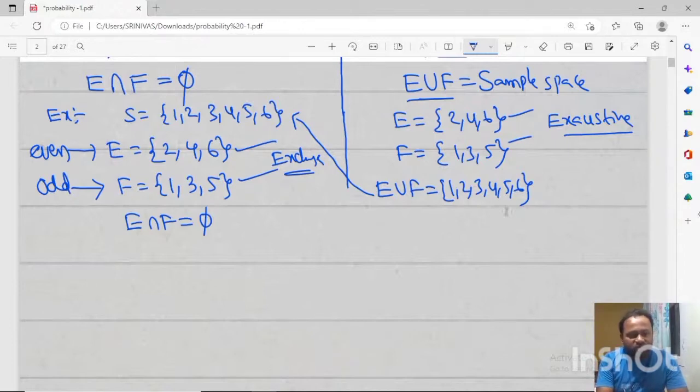Now I'm going to write the original definition of probability. Probability main definition.